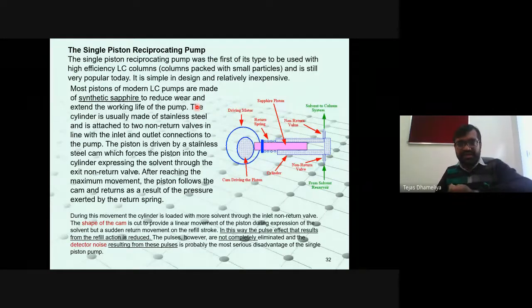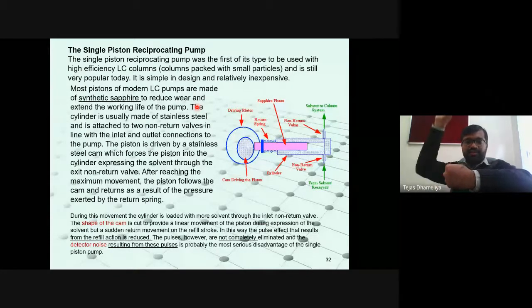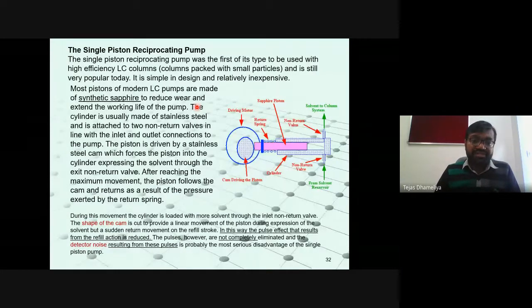So this way, if it goes back, it will suck and fill the reservoir. If it comes forward, the solvent will move forward. But here there is no constant pressure.